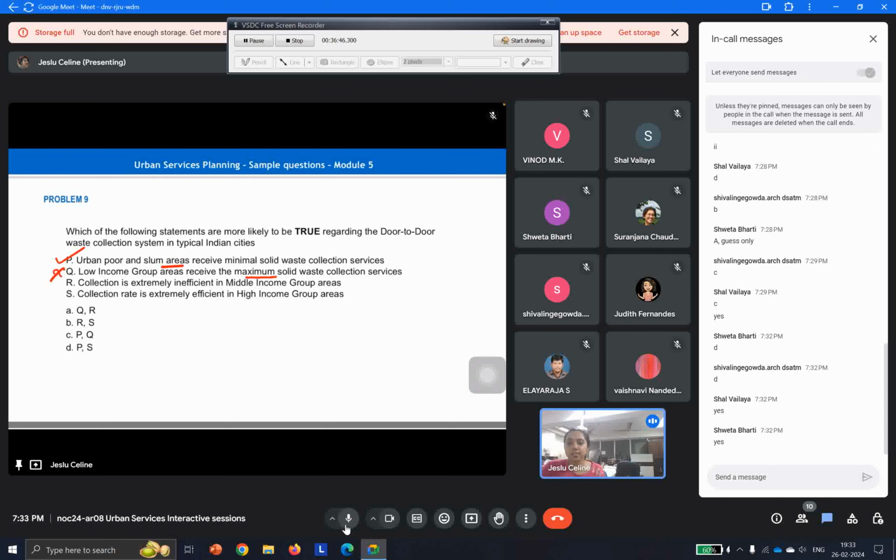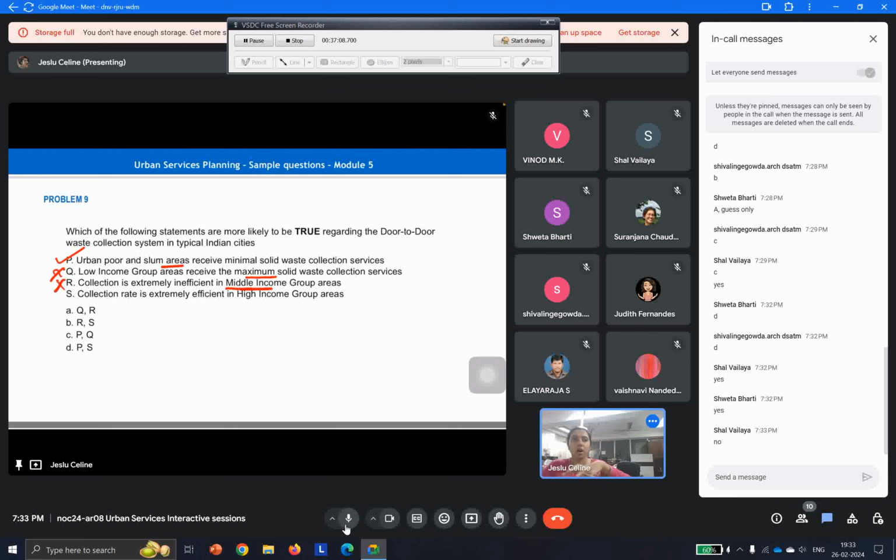Now, R, collection is extremely inefficient in middle income group areas. Now, that's also a wrong statement. It's usually inefficient in low income, not in middle income. In low income, it is very inefficient because of several reasons, as discussed: connectivity issues, lack of willingness to pay, and also certain of these slums are not even registered.